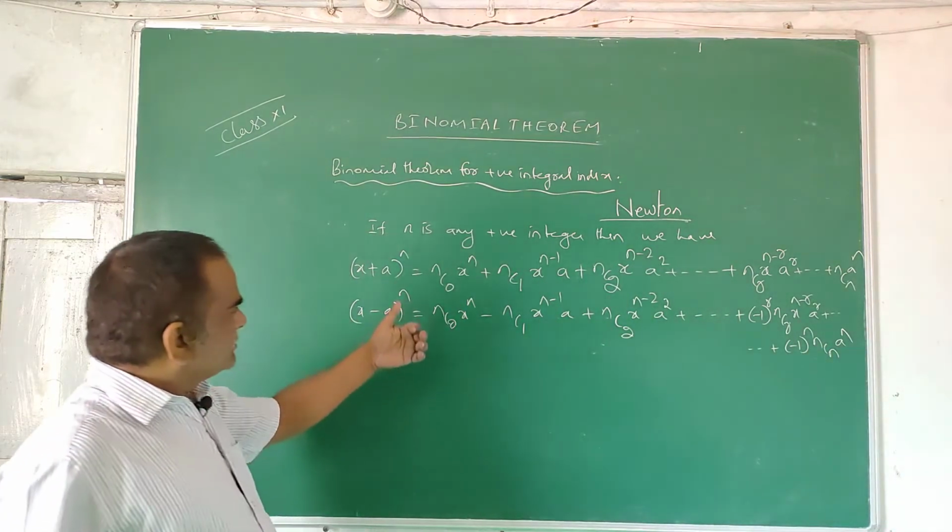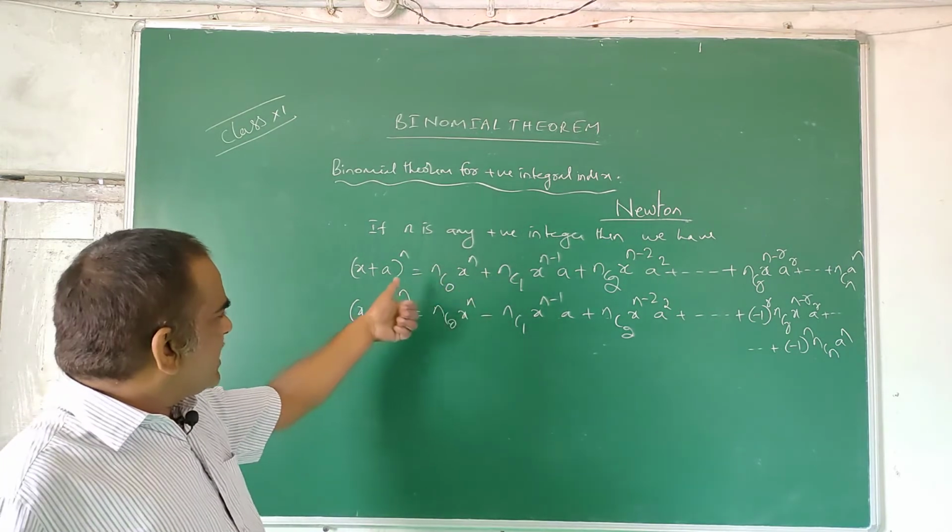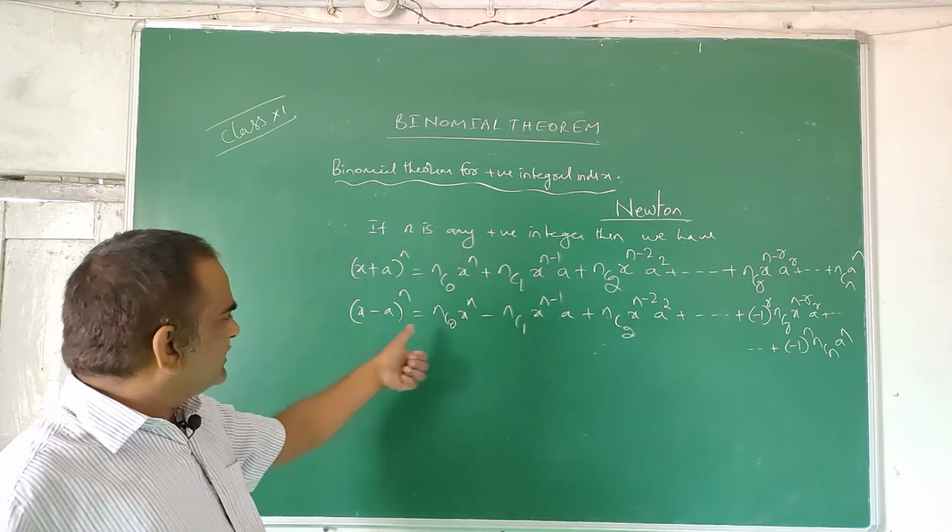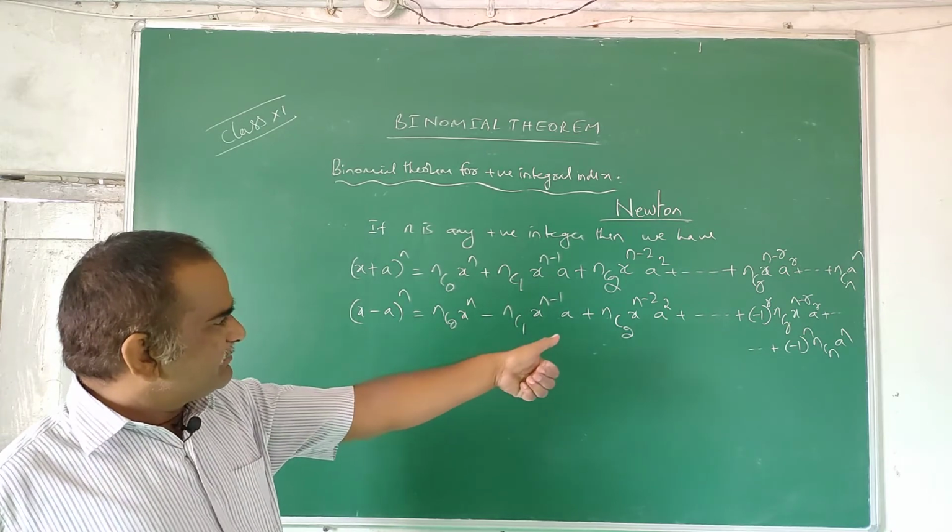So when n is any positive integer, we have x plus a whole power n is this, then x minus a whole power n will be this.